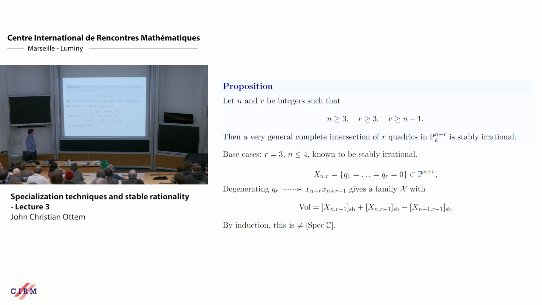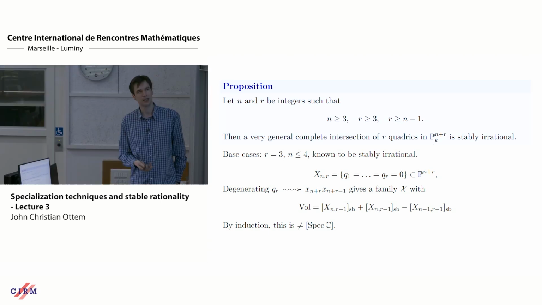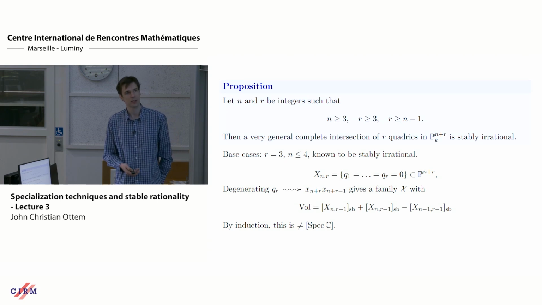So you just need one base case, or a few base cases, and that generates infinitely many new results. Of course, you might not be impressed by this particular argument, but these are classical objects in birational geometry. So it's incredible how easily you get these results here.